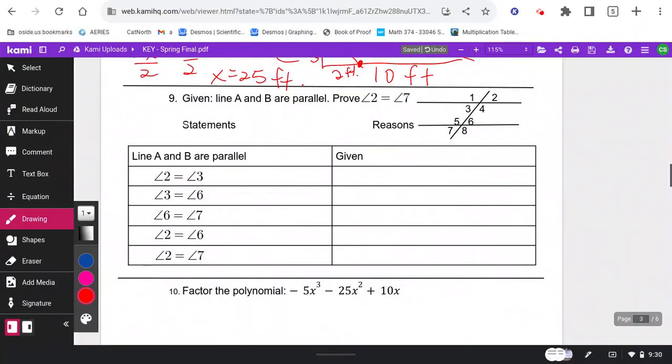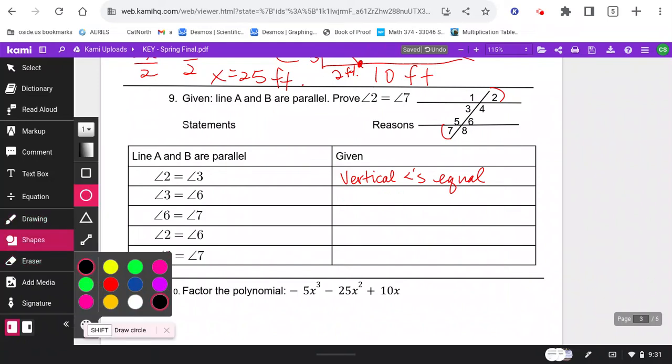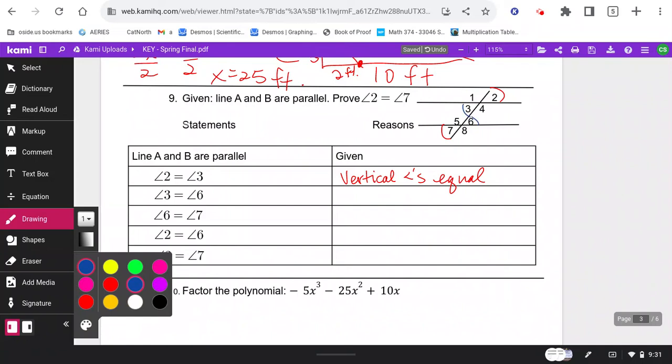Given that lines A and B are parallel, prove that angle 2 is equal to angle 7. So angle 2 and 3 are equal because vertical angles are equal. Angles 3 and 6 are equal because alternate interior angles are equal.